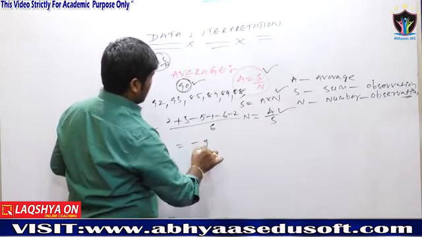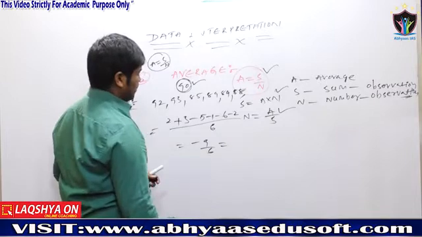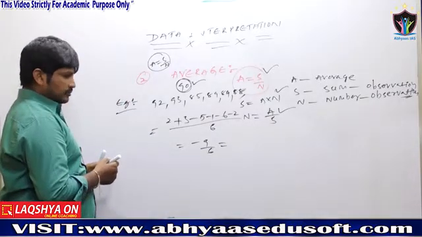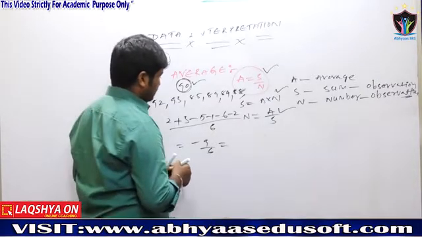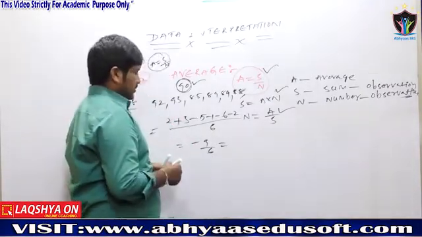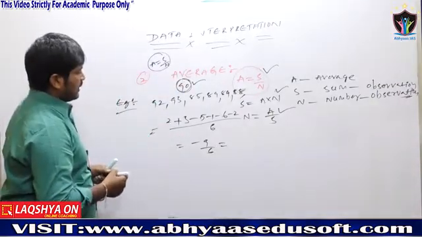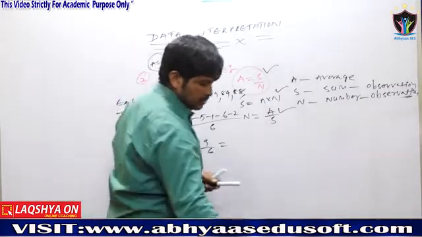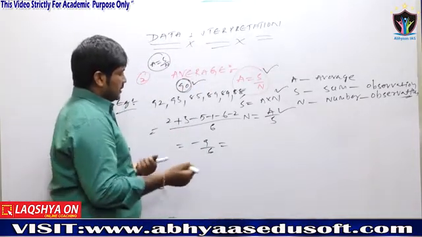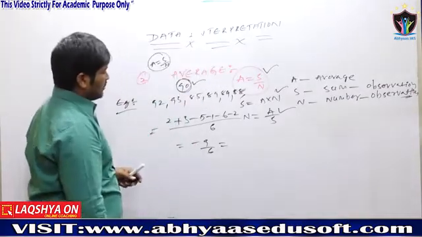Then minus 9 by 6, so what do you say? Here we can do minus 9 by minus 6.